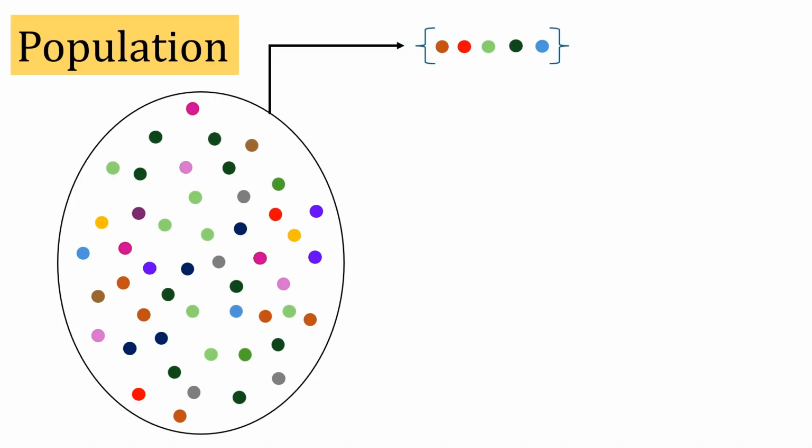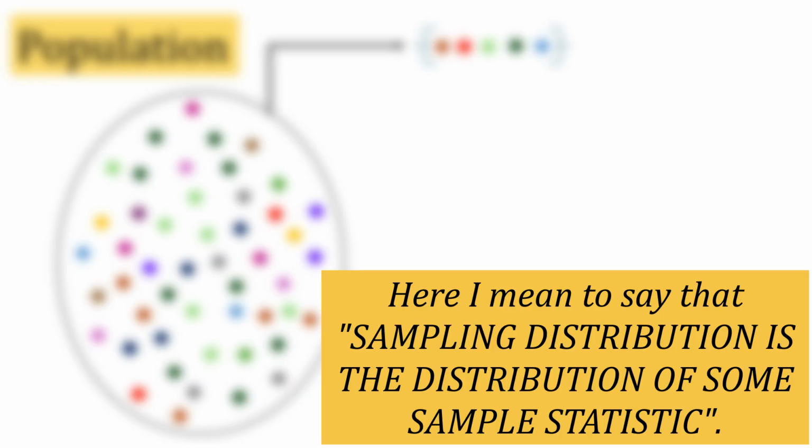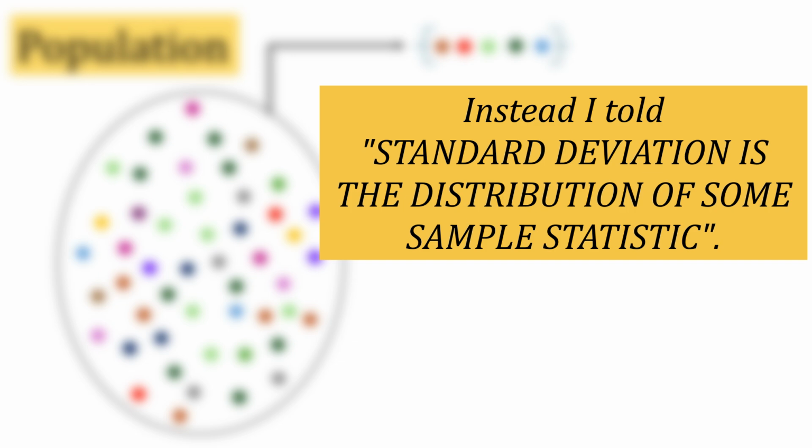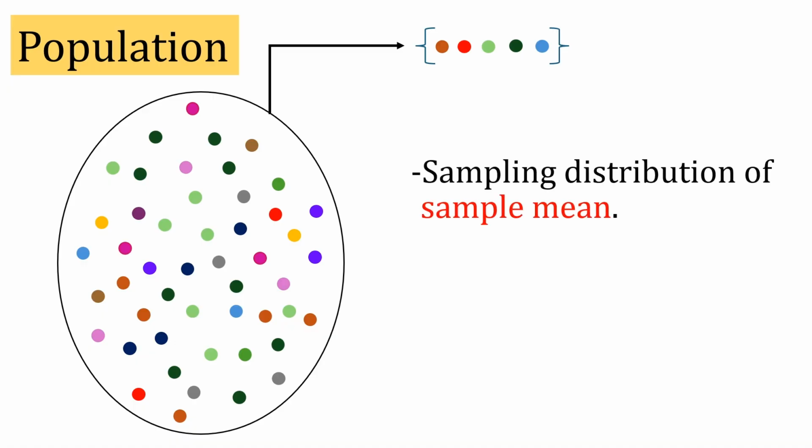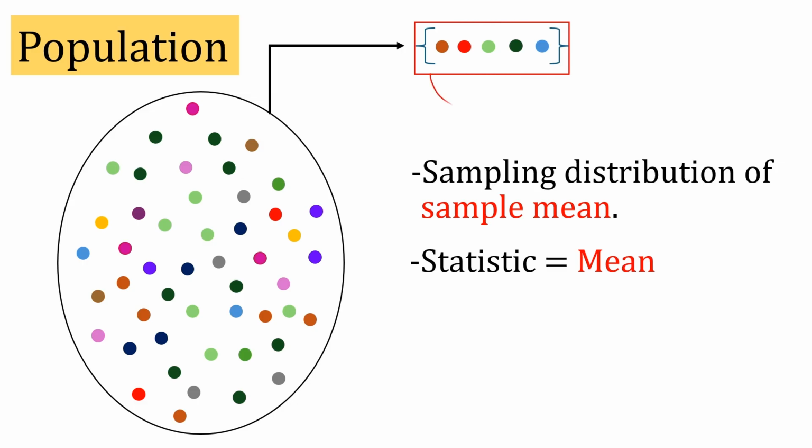As we discussed in the beginning, the sampling distribution is a distribution of some sample statistic, and here we are interested in finding the sampling distribution of the sample mean. So here our statistic will be the mean.